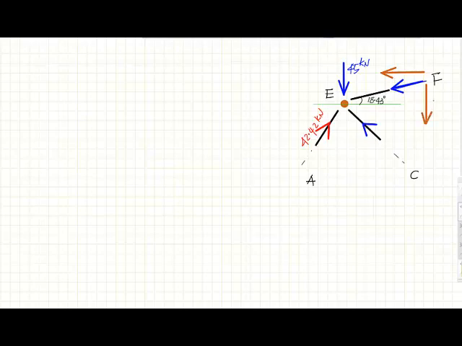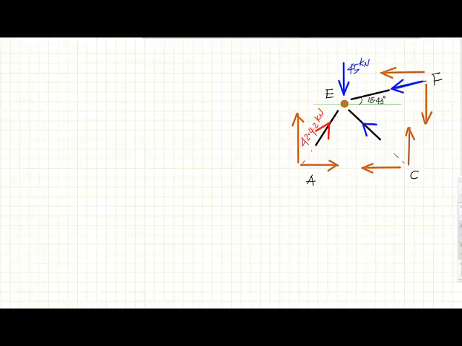And this is the Y component, and for EC this will be the X component, and this will be the Y component. And for EA or AE, this is the X component, and this is the Y component. We'll go ahead and name them also.